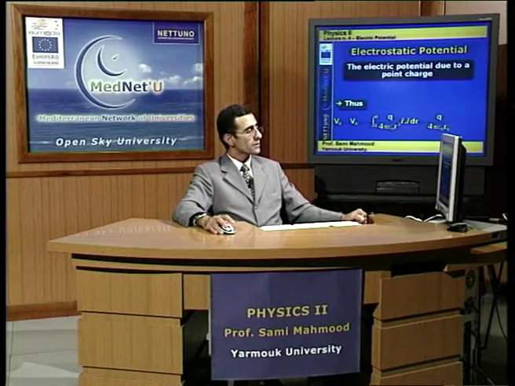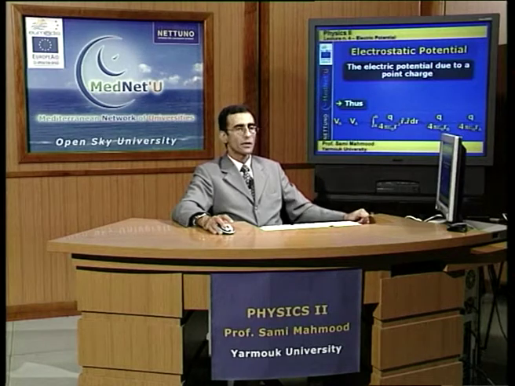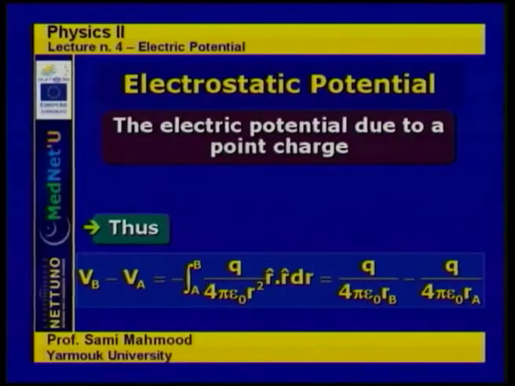And thus, putting in the known quantities, we can arrive at the formula VB minus VA, where B is the final position of the charge and A is the initial position, equal to minus the integral from A to B of the electric field Q over 4 pi epsilon naught r squared r hat dot dl.